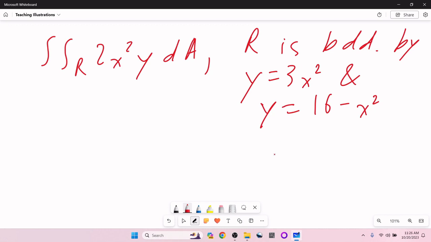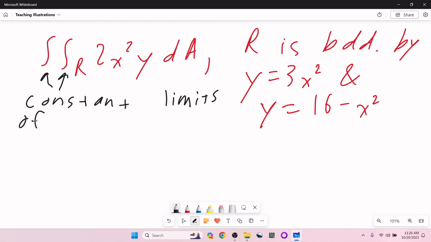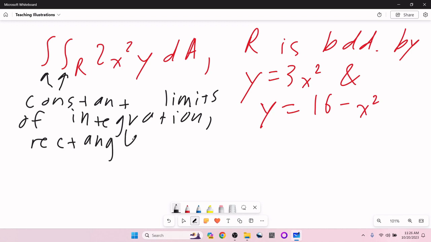Now, I said this in class the other day, but I'll say it again because we'll make this mistake a lot: if the limits of integration are constant, that is the little numbers that go on the integral, then we're dealing with a rectangle. But this region is not a rectangle.